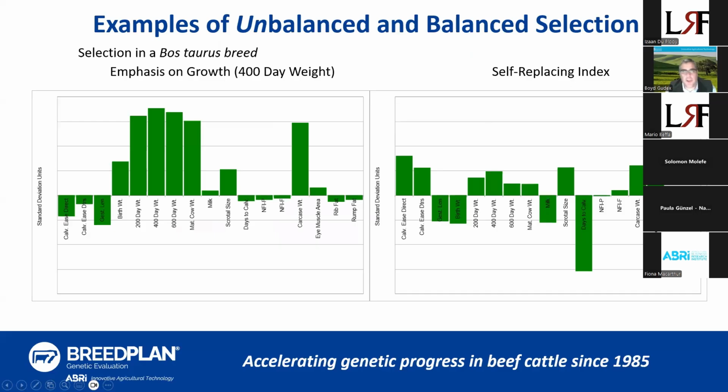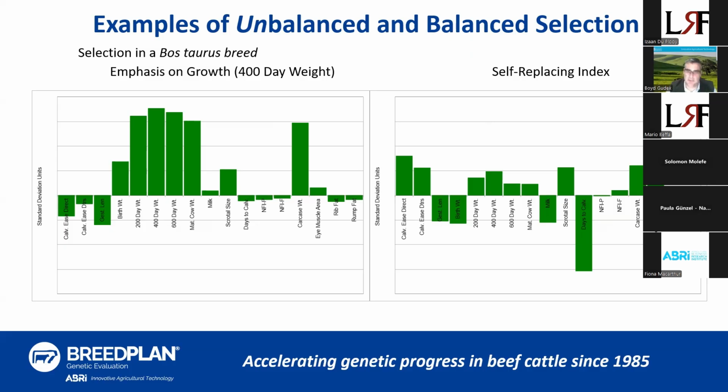We've got another example here. Now, this is a Southern African breed. It's a Bos taurus breed. I haven't identified it. And we've got the graph on the left. This is what would happen if you concentrated your selection on growth, primarily 400-day weight in this case. You can see birth weight goes up, calving ease decreases, so you're going to have more calving difficulty.